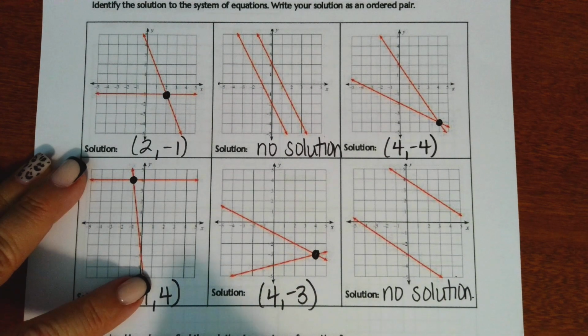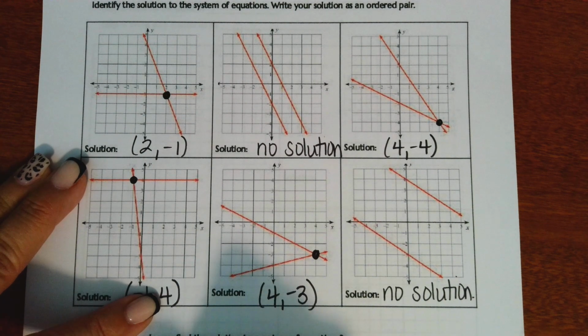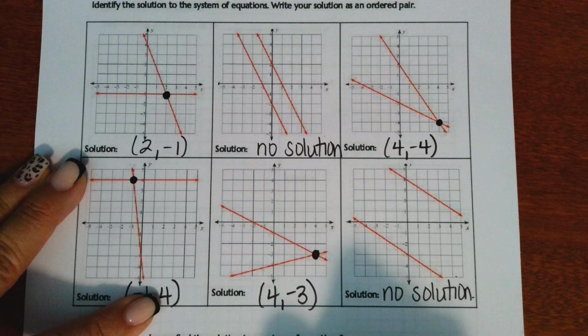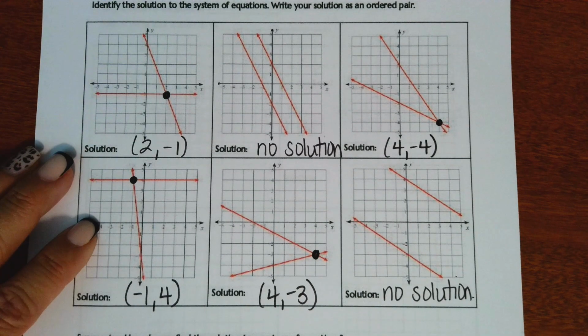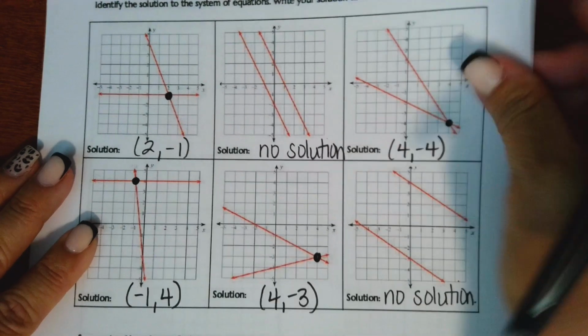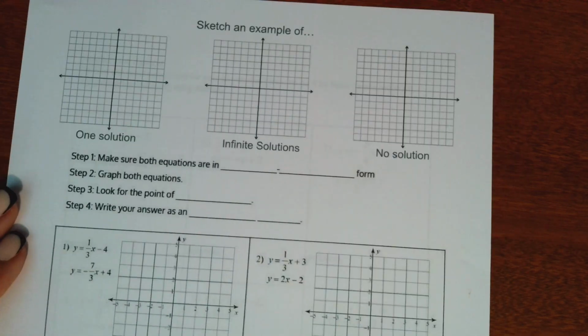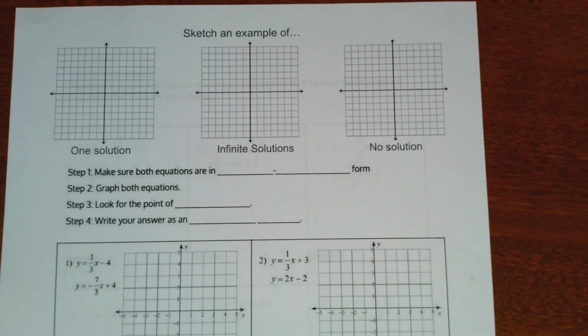Okay, that is which point, or it could be a whole bunch of them, do they have in common? Okay, which points do both linear functions have in common? Okay, all right, so let's go ahead and we're going to sketch examples of each.